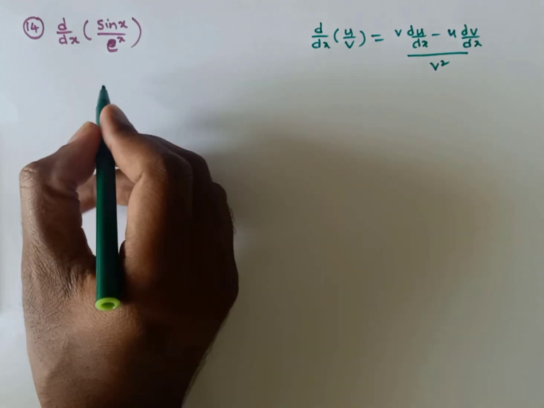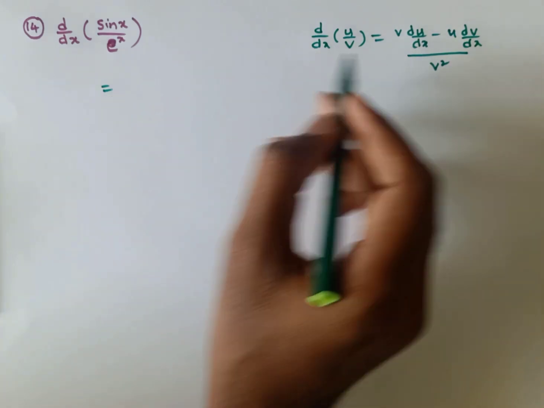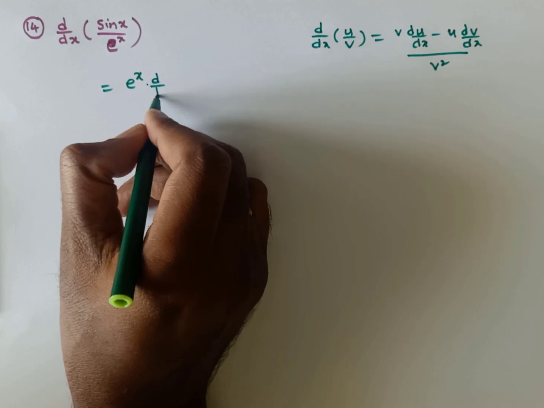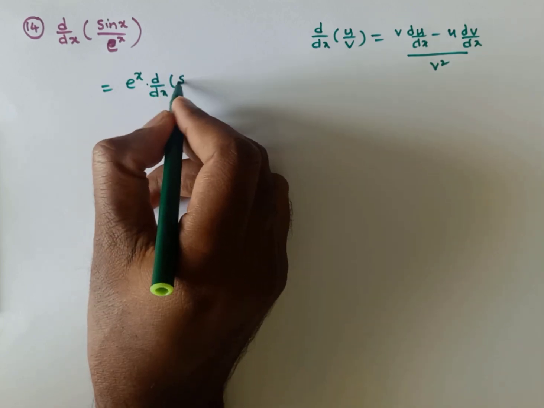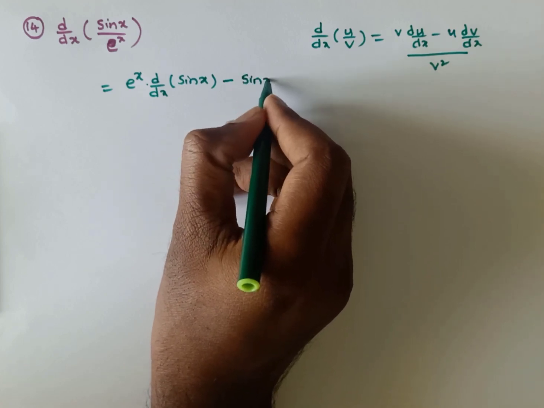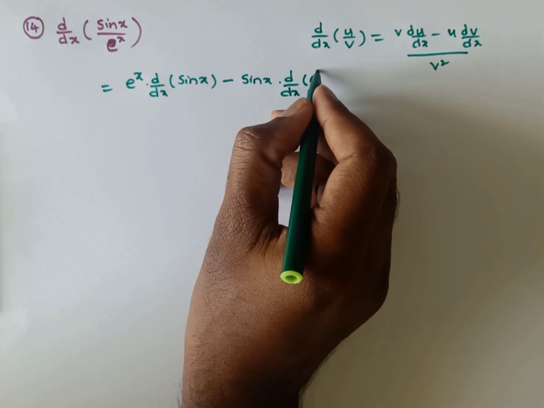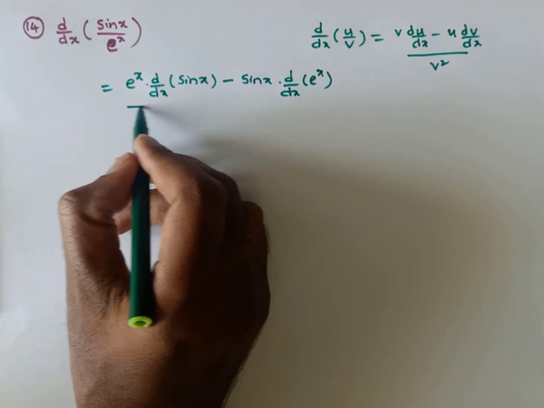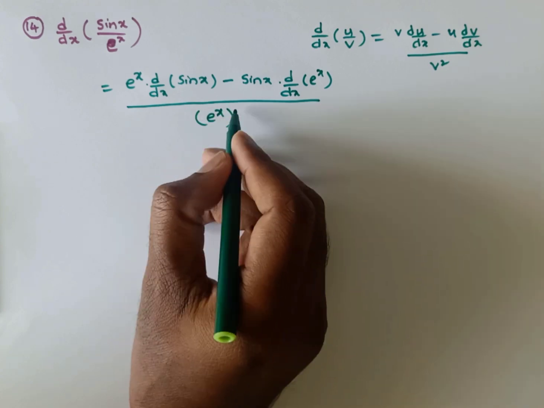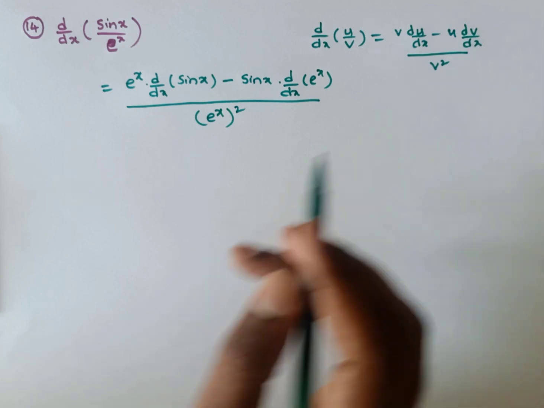Let this be u and this be v. So first v, that is e power x, into d by dx of u. U is sin x, minus u, that is sin x, into d by dx of v, that is e power x, divided by v square. The denominator is e power x square. So v du by dx minus u dv by dx by v square.